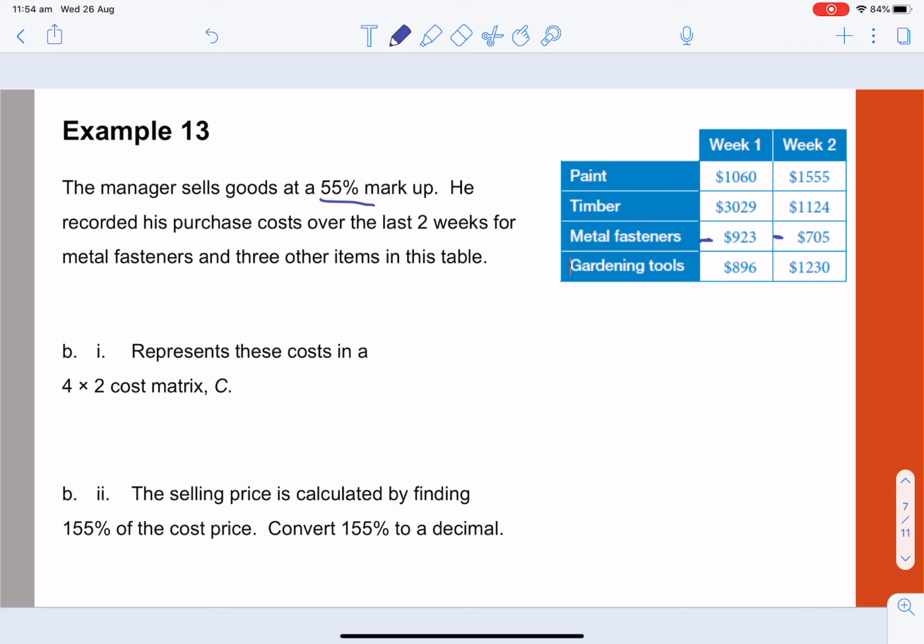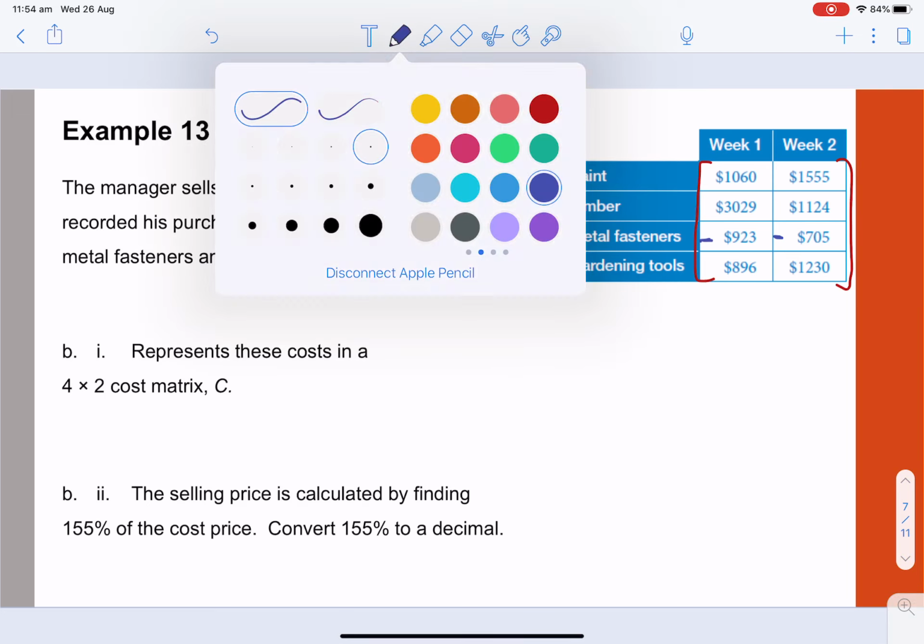Now, part B1 asks us to represent these costs in a 4x2 cost matrix called C. So what we do is, again, we just take all this data, put brackets around it, and create a matrix.